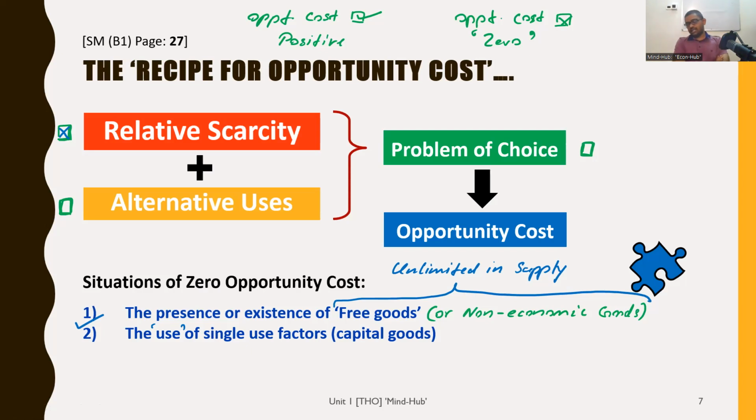While you write it, I'll start the explanation. Basically, these are any good, any capital asset, that has only one practical purpose, only one practical use. There's nothing else we can do with them. Is that clear? So we say single-use factor, only one practical use.